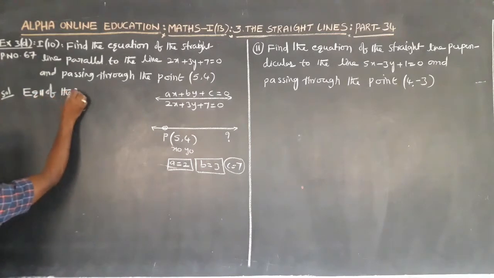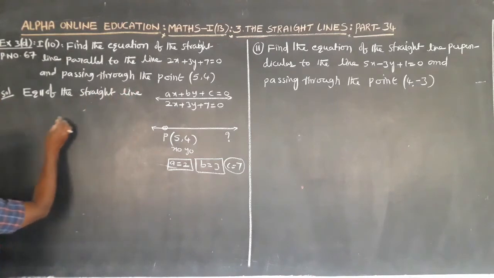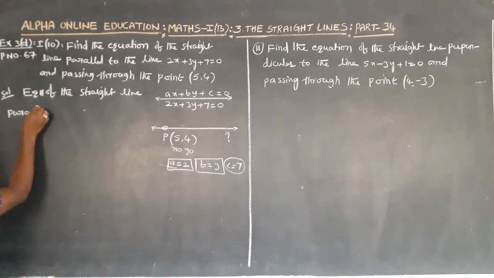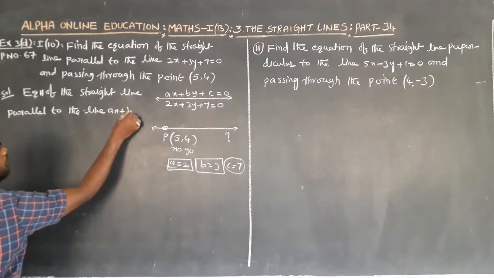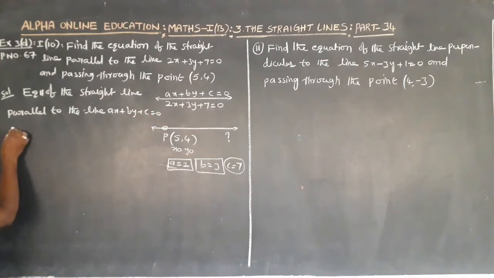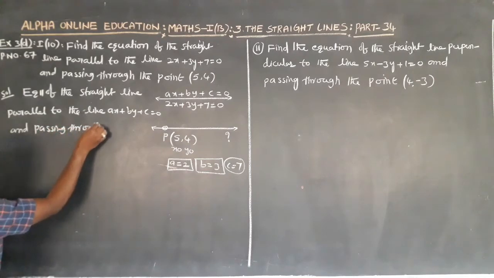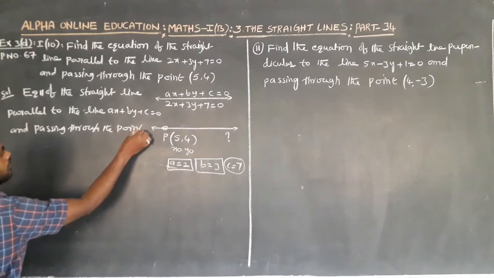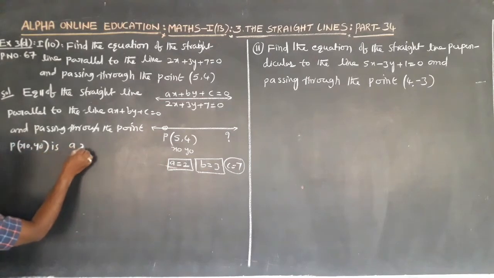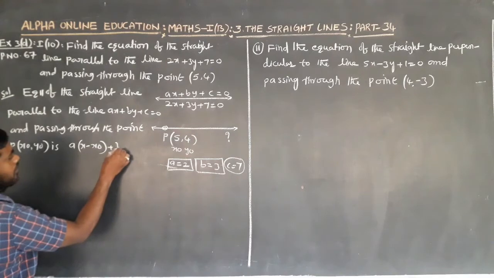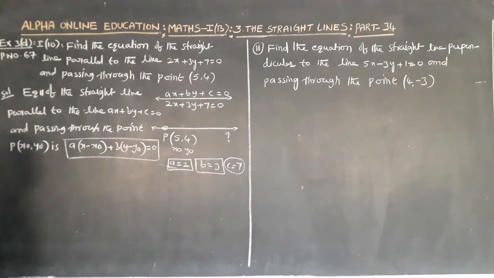the equation of the straight line parallel to the line ax plus by plus c is equal to 0 and passing through the point x naught, y naught is a into x minus x naught plus b into y minus y naught is equal to 0.